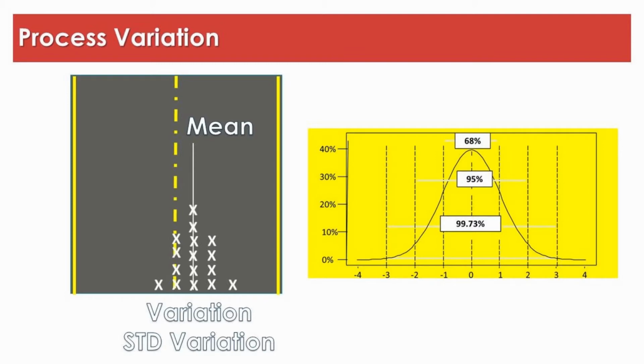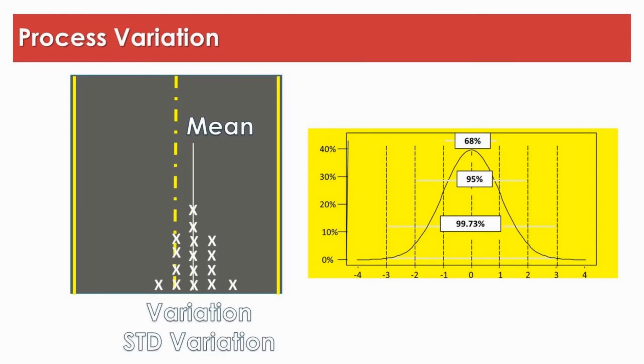If I move 3 standard deviations to each side, up and down, I'm going to have almost 100% of the data. And that is important because I know where my landing points in this example are going to be.